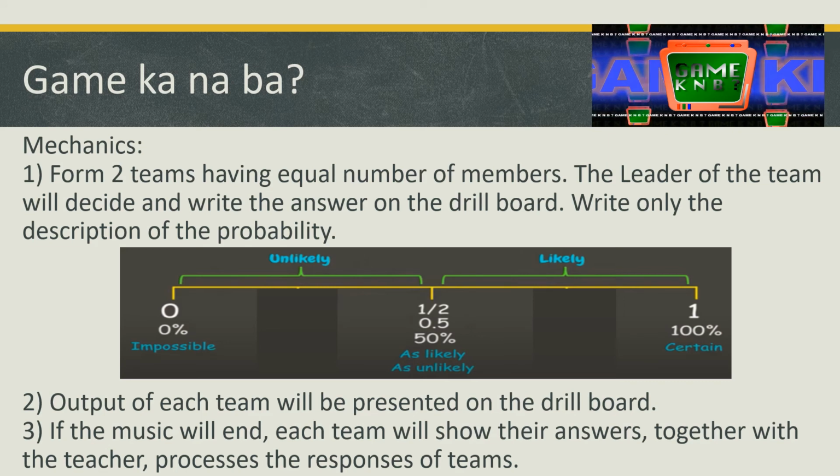Between 0 to 1/2 means unlikely. 1/2 means as likely as unlikely. Between 1/2 to 1 is likely. 1 or 100% is certain.